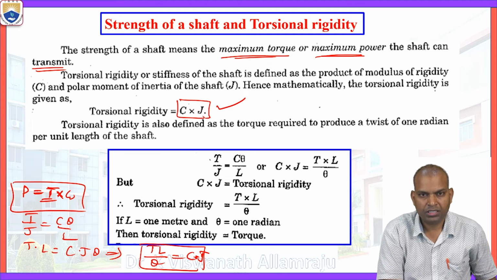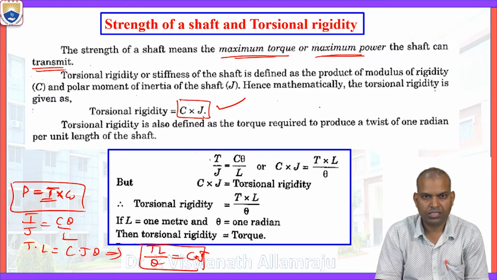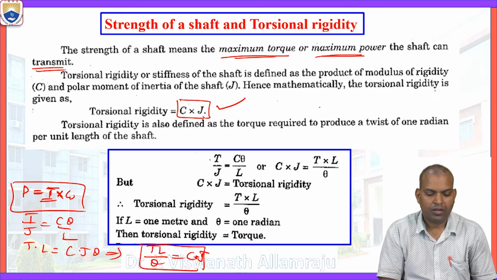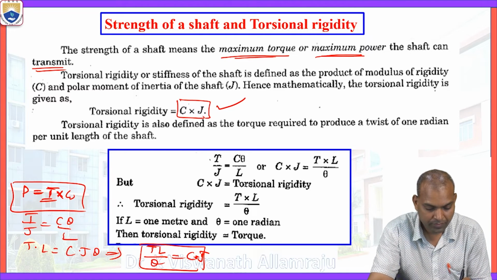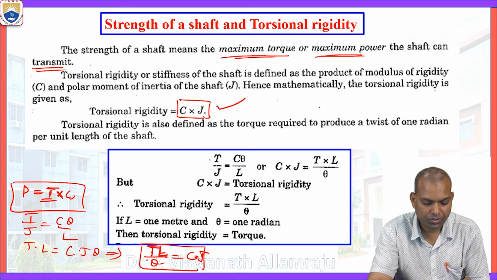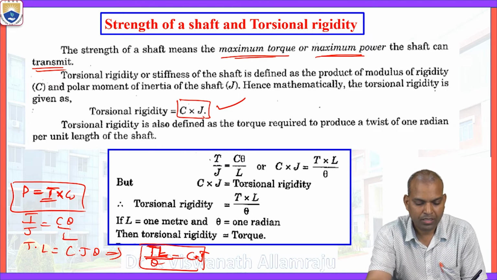The torsional rigidity CJ equal to T times L by theta, where T is the torque, L is the length of the shaft and theta is the angle of twist in radians.